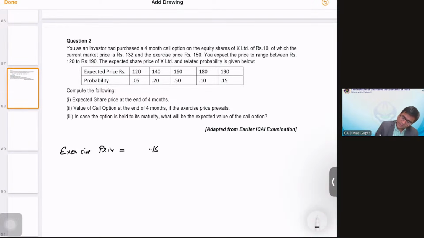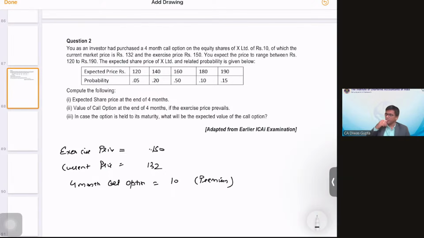Exercise price is 150, current spot price is 132, 4-month call option, rupee 10 is the premium. You expect the price to range between rupees 120 to 190. The expected share price of X Limited and the related probability is given below.